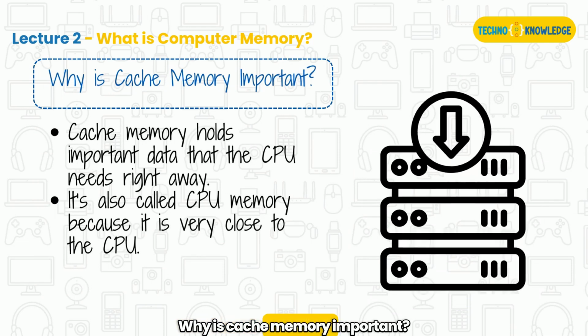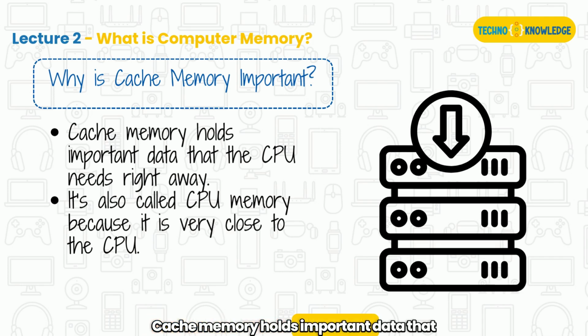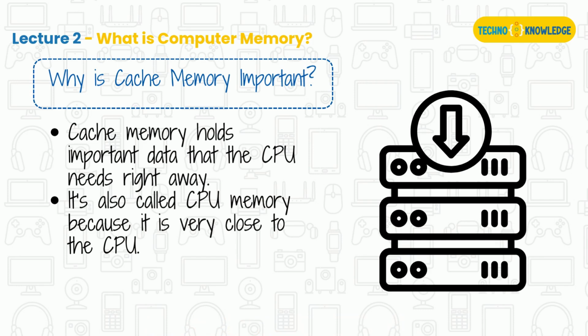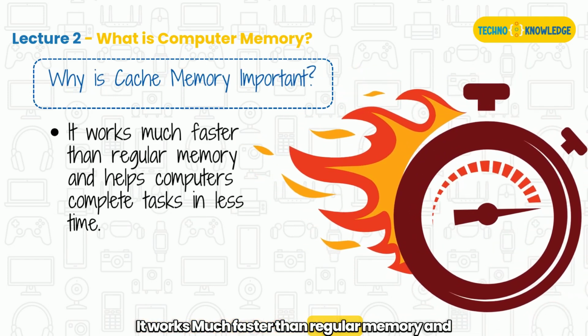Why is cache memory important? Cache memory holds important data that the CPU needs right away. It's also called CPU memory because it is very close to the CPU. It works much faster than regular memory and helps computers complete tasks in less time.